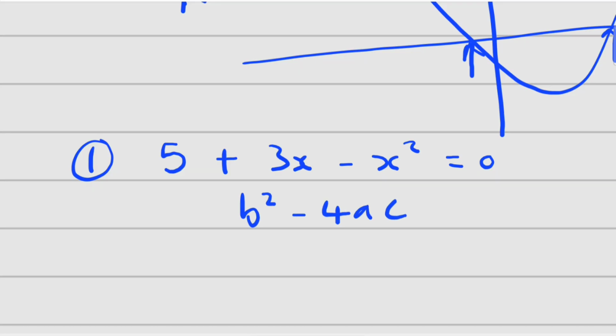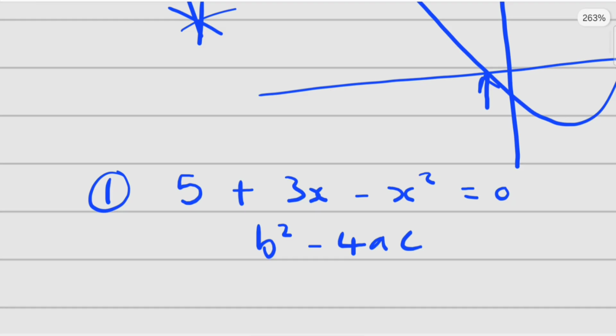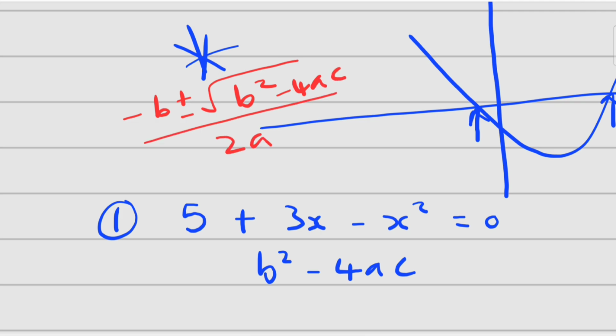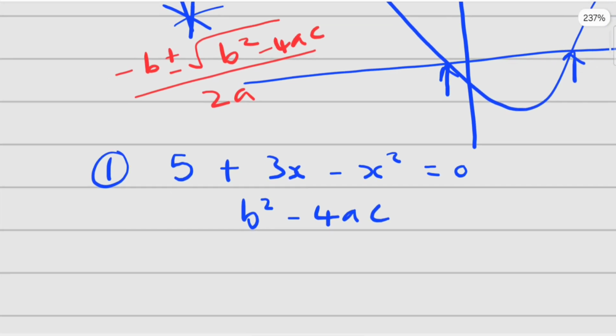From our knowledge of the quadratic formula, we know that this is our a, the coefficient of x squared, and this is our b, and this is our c, right?